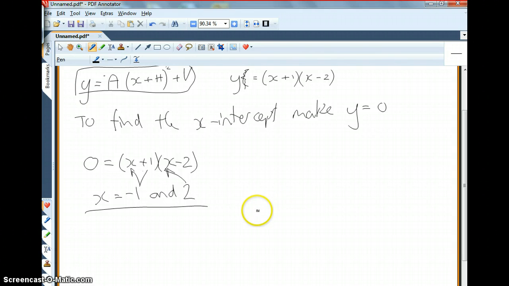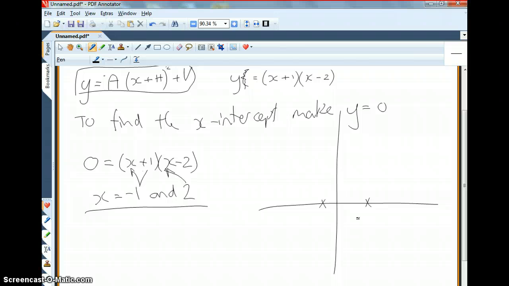So on a Cartesian axis, those two positions are at minus 1 and positive 2. This is going to be a sketch, not a drawing. The turning point for this parabola, remember parabolas are symmetrical, okay, they have a mirror line.